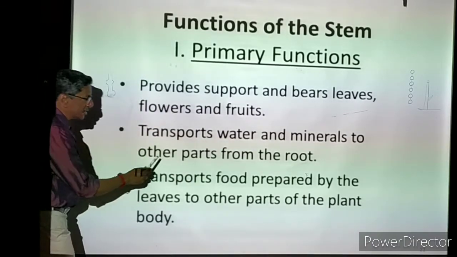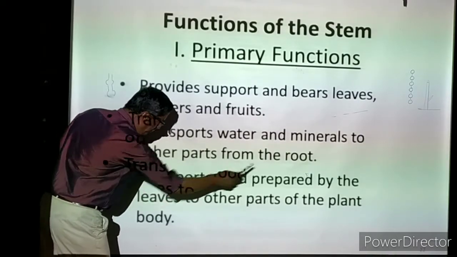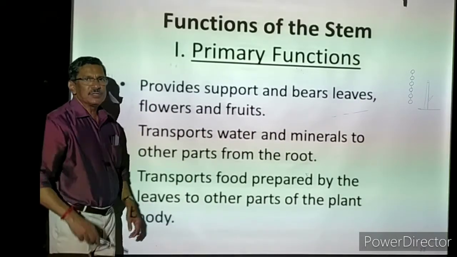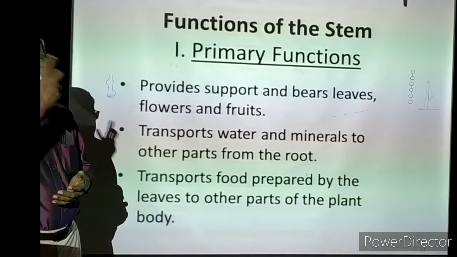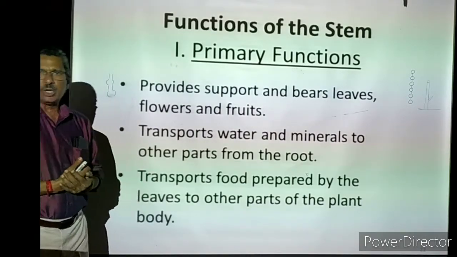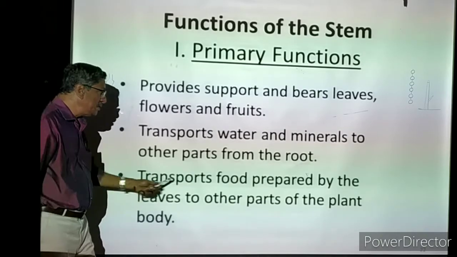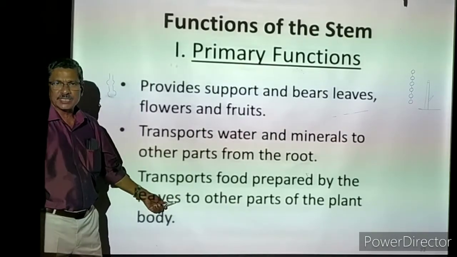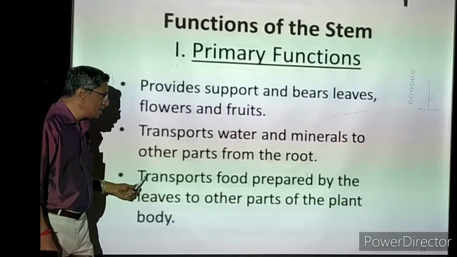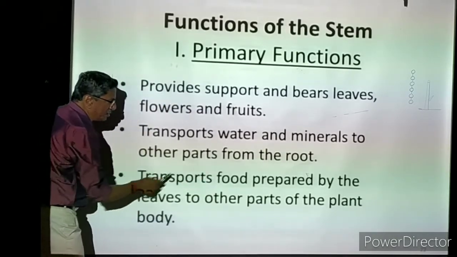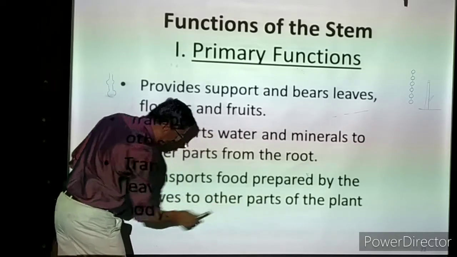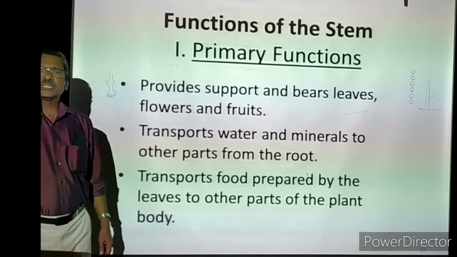The next one is transporting food prepared by the leaves. The leaves are getting water and minerals. Sunlight is there. Carbon dioxide is also available in the surroundings. Now the leaves are preparing food by photosynthesis, that is starch. That is called prepared food. Now the prepared food from the leaf will be transported to other parts of the plant through the stem.